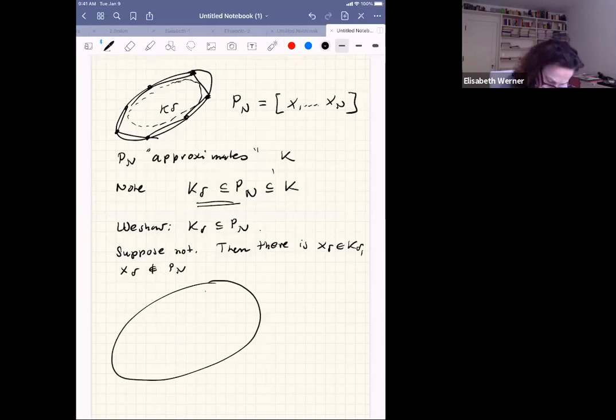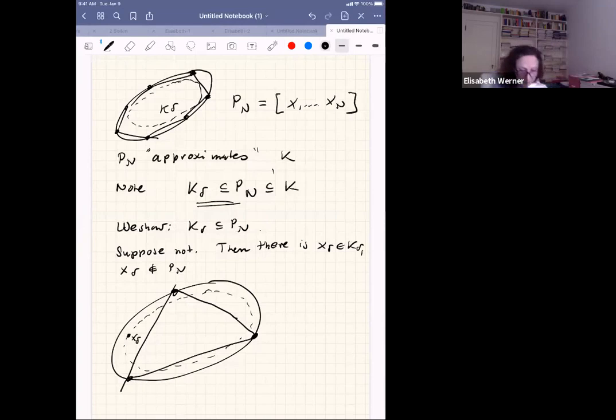Here is our floating body, and here is our Pn. And we find an x delta, which need not be on the boundary, but we'll find such an x delta so that the things look like so.